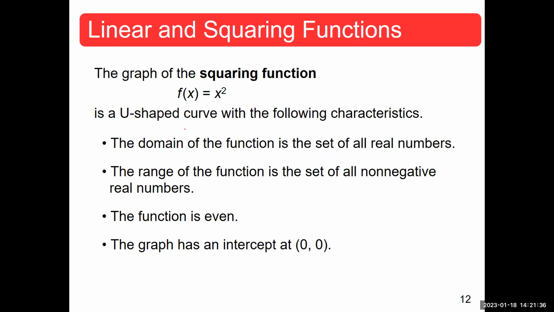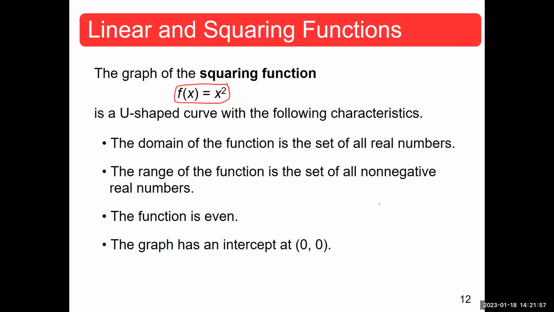The next one is the squaring function. f(x) equals x squared. This is our second order squaring function, a parabola. And you can see this is the basic simplest one, the parent.